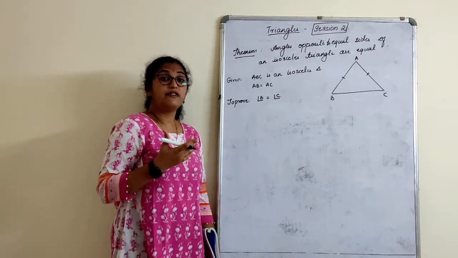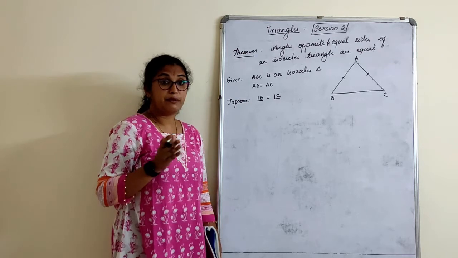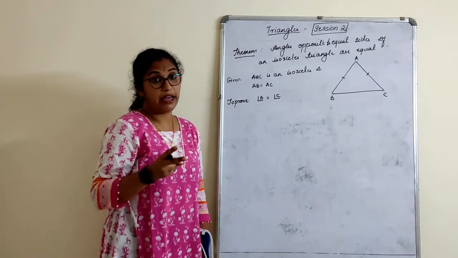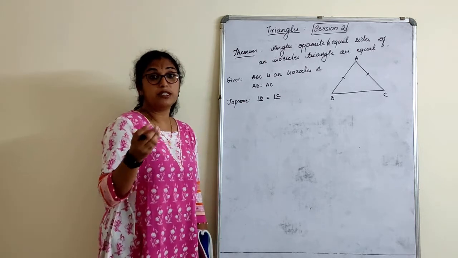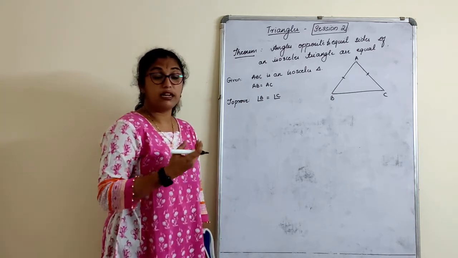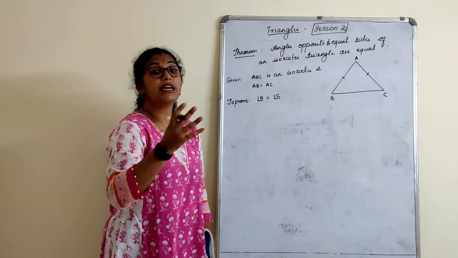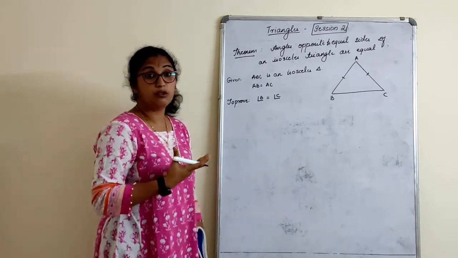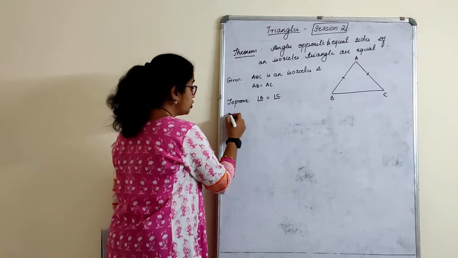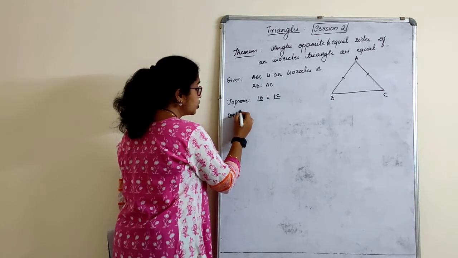Now, for criteria for congruency, whenever we prove, we require two triangles, but we have only one triangle. That means we need to do some construction so that we have two triangles and can prove congruency in them. So how do we make a given triangle into two? By some construction. What will be the construction here?